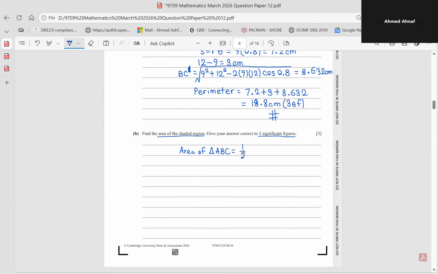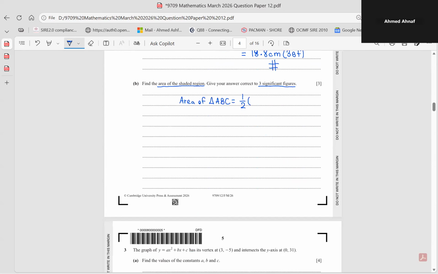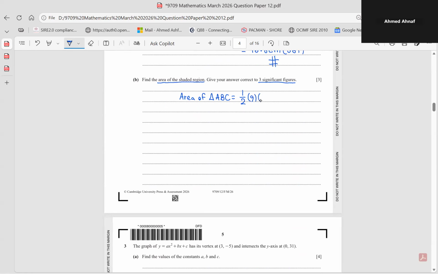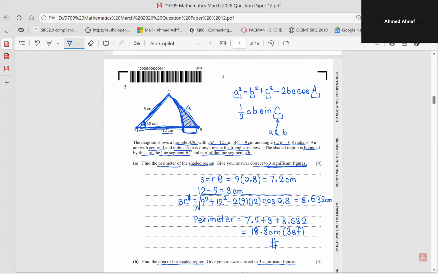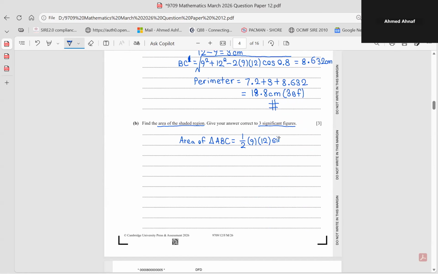So half ab. A, I'm just going to let it be 9. B is going to be 12. And C is going to be the 0.8 radian angle. So sine 0.8 radians. I'm just going to leave the sine term alone first, since we're not at our final answer.